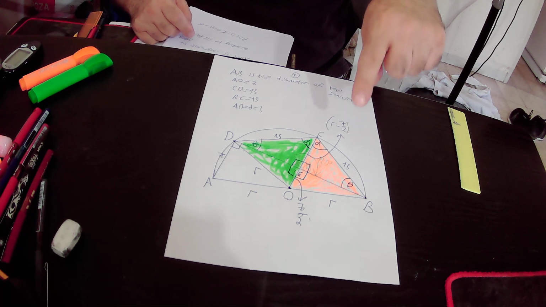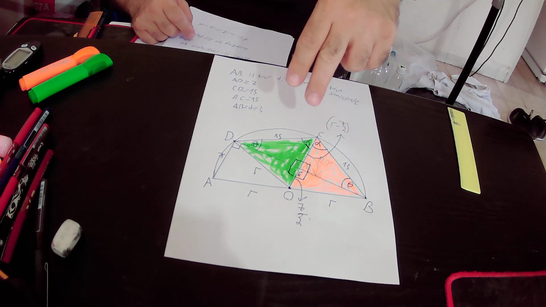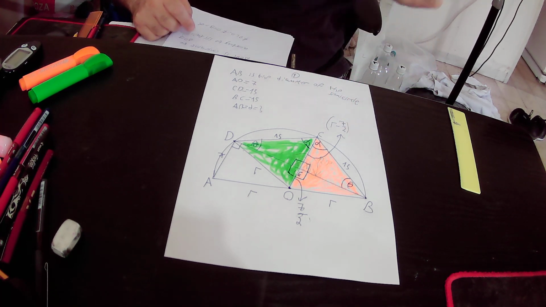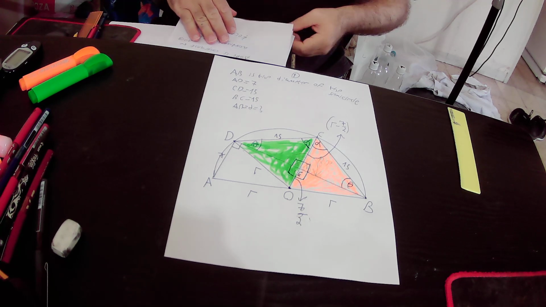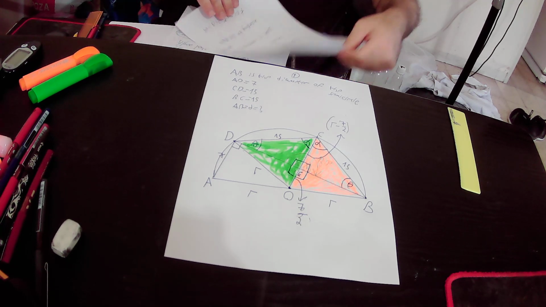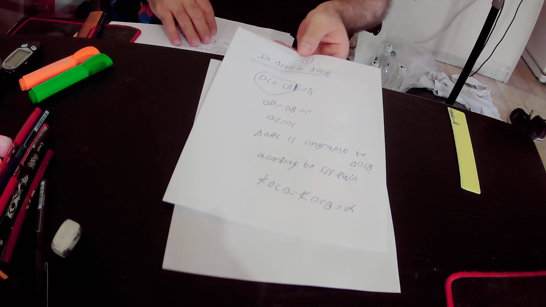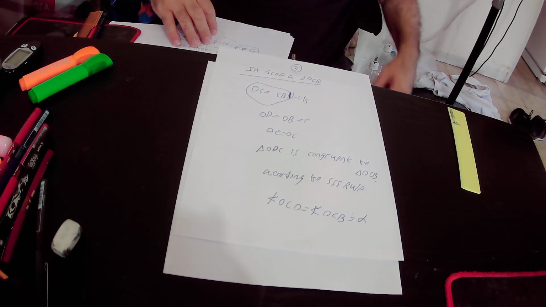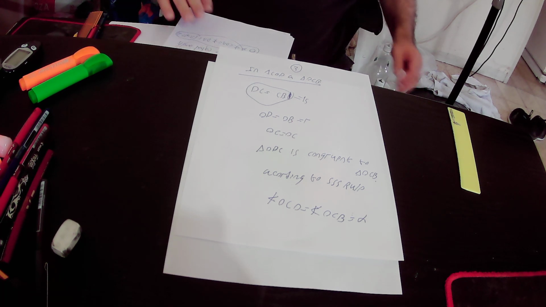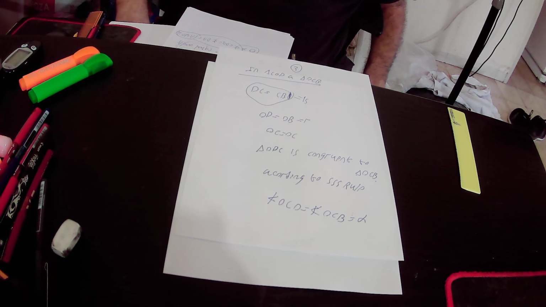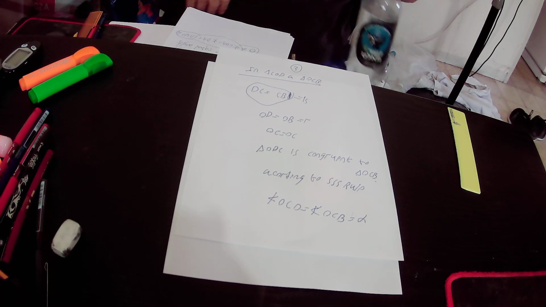It belongs to the orange triangle, and it also belongs to the green triangle. So we actually proved that three sides of the green triangle are equal to three sides of the orange triangle.